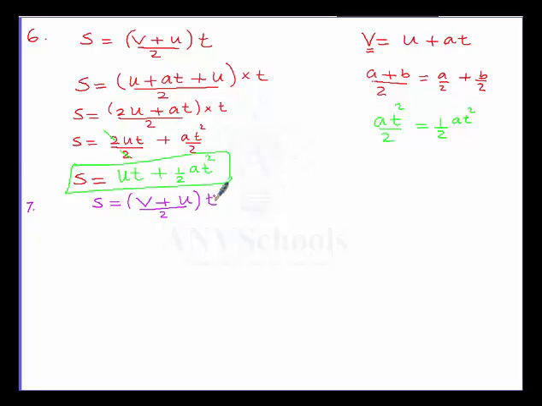Now I know from the previous equation that t is given by final velocity minus initial velocity divided by a. So I want to substitute this here. So s is now given by v plus u divided by 2 multiplied by t, where t is final velocity minus initial velocity divided by a.